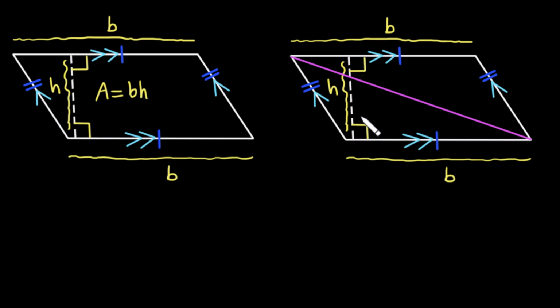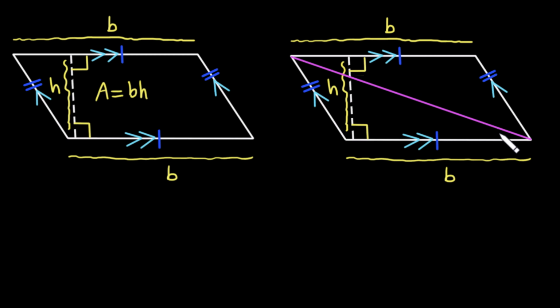Why are they congruent? Because opposite sides are equal, and also they share a diagonal. This is equal to this, and this to this, and they share this diagonal.